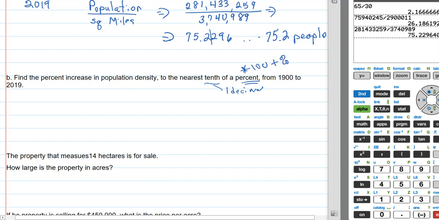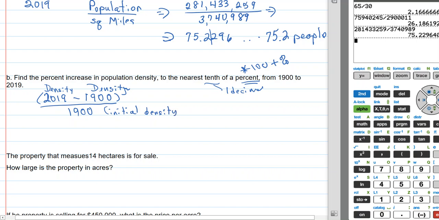All right, so we want the difference. So we're talking 2019 minus the 1900, and these are densities, over the initial. All right.